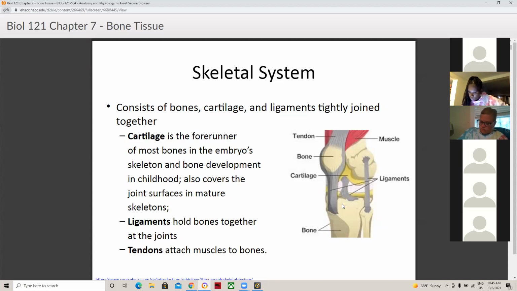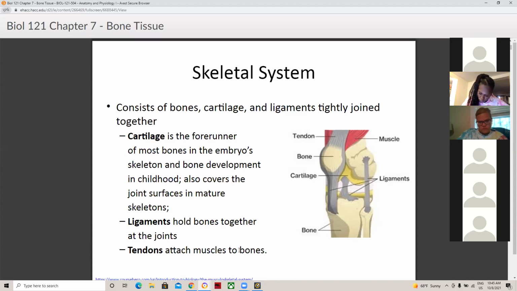Actually, let me back this up. Tendons are not part. Cartilage and ligaments are, because tendons are involved with muscles. So cartilage is a precursor for many bones, and it adheres to many bones. Ligaments hold bones to bones.